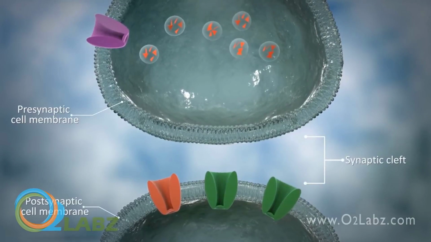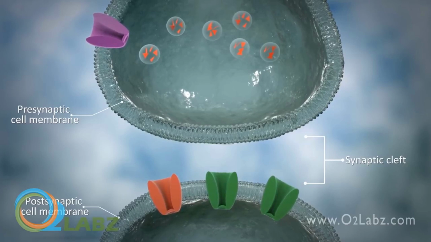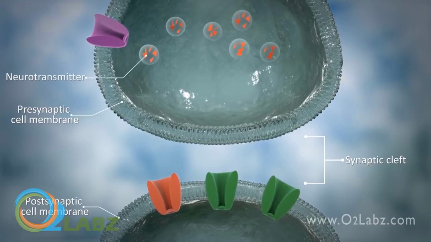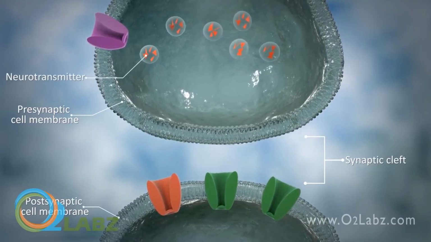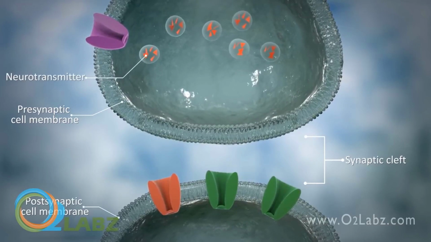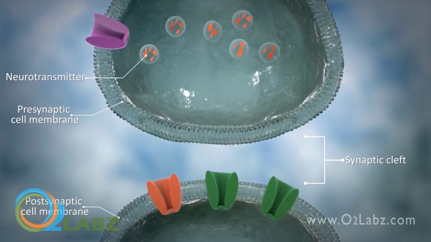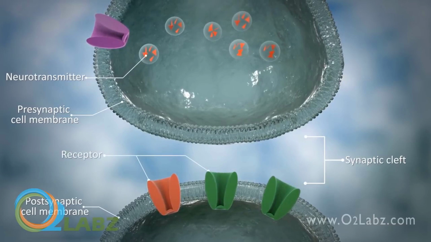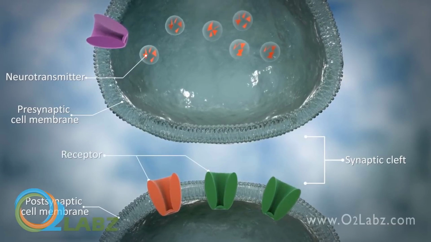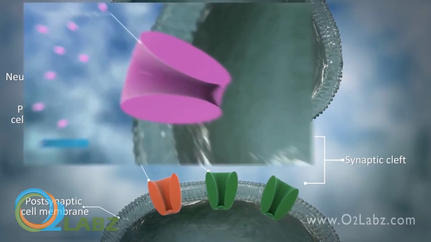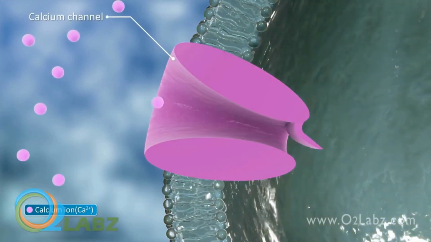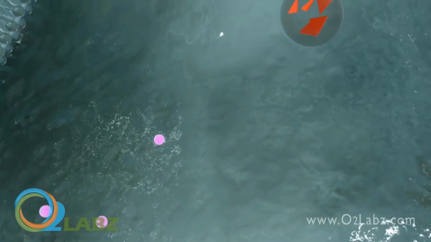Since an action potential can only propagate along the neuron's membrane, a chemical known as a neurotransmitter must bridge the gap between the adjacent cells. The presynaptic cell releases the neurotransmitters into the synaptic cleft, where they move to bind receptor proteins in the postsynaptic cell membrane. When the action potential arrives at the synapse, it opens voltage-gated calcium channels, resulting in an inward flow of calcium. The calcium binds to the vesicular membrane.